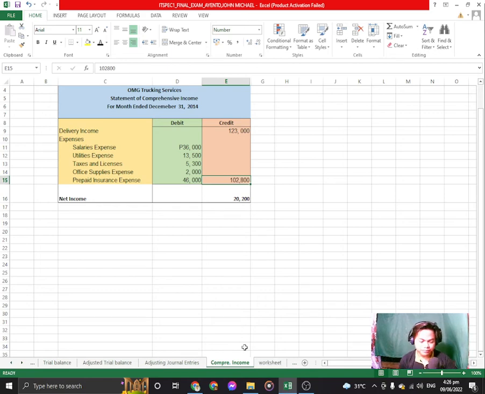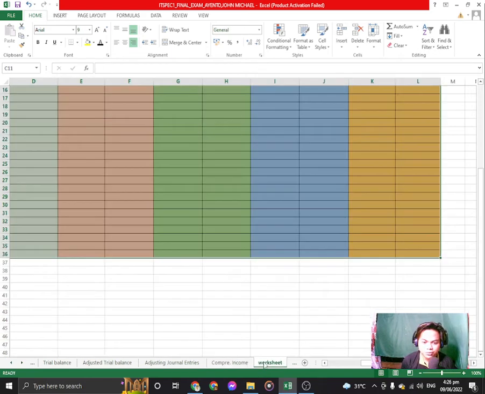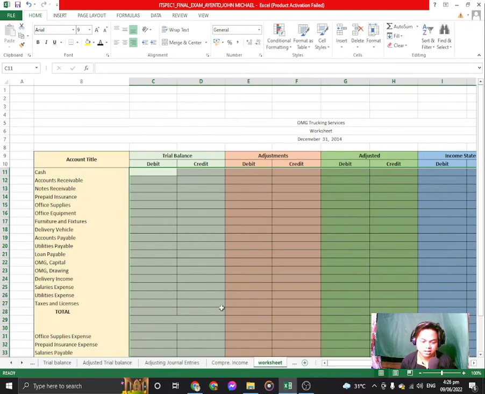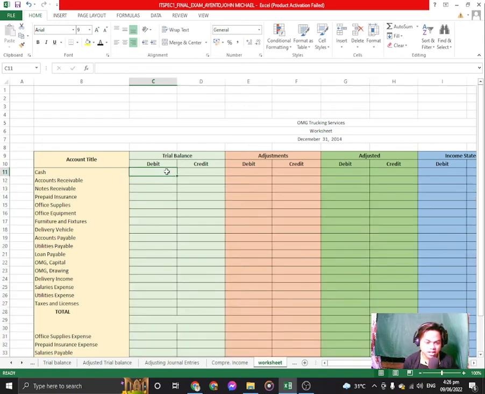Okay. So next, we'll move na ta sa worksheet. Worksheet. Okay, so worksheet na ta. Okay, for the cash, we have sa kaganinang cash is 1,873,400 and then ang trial balance nato. Balik na sa trial balance.